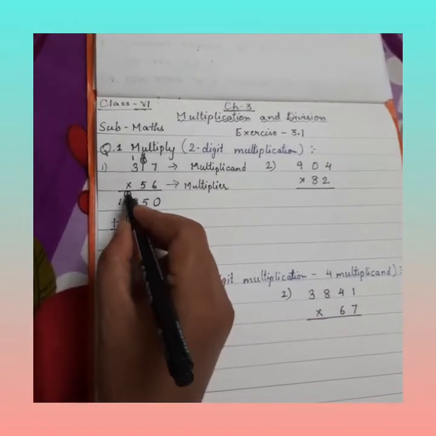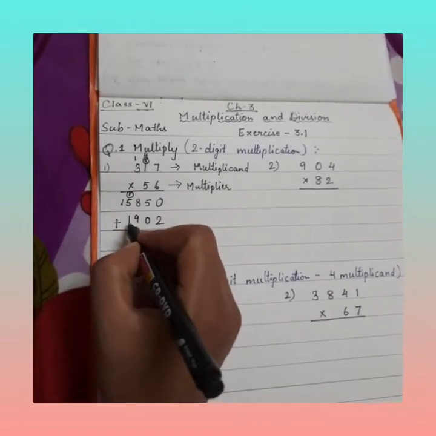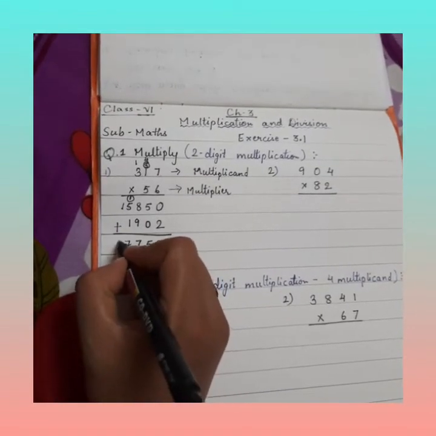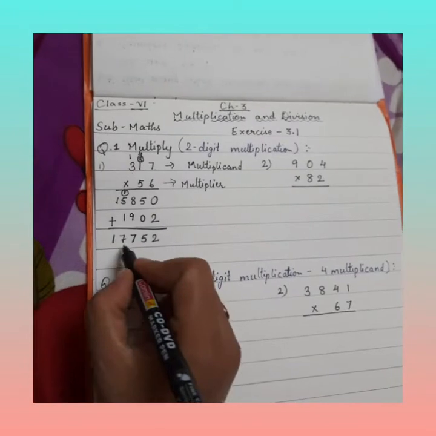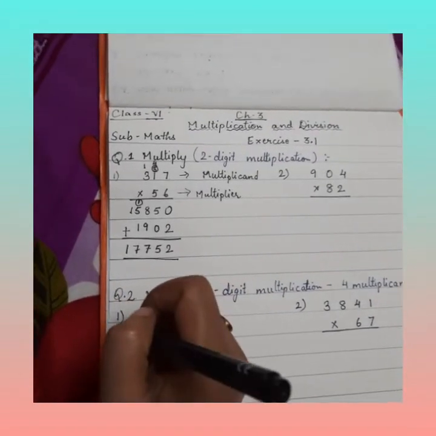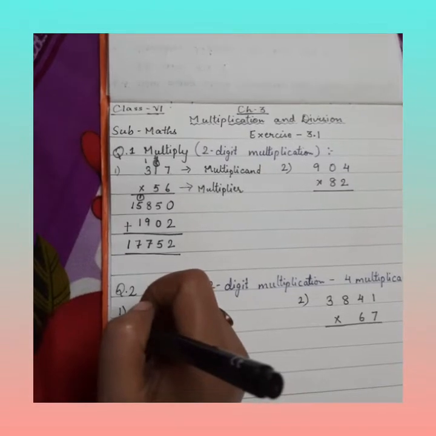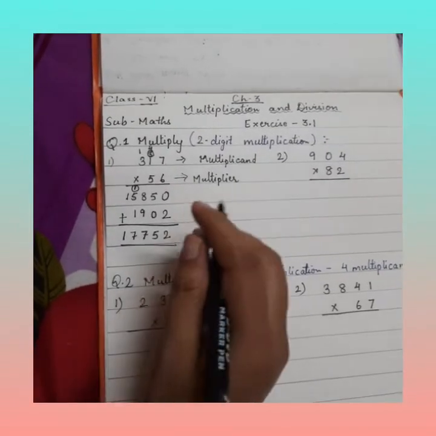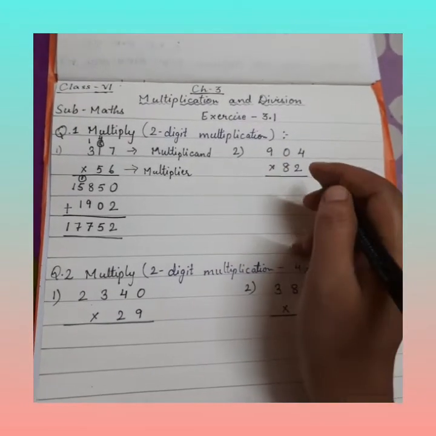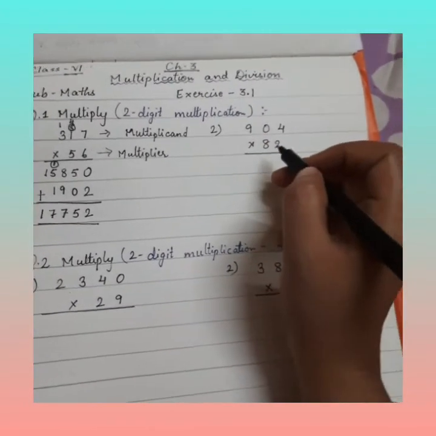Then 5 plus 1 plus 6 plus 1 is 7. So again 7 and 1 will be carried down. So the number will become 17,752. Got it? Now let's do one more similar sum, so you will be more clear.